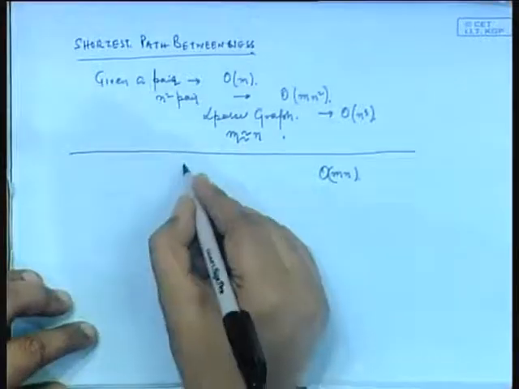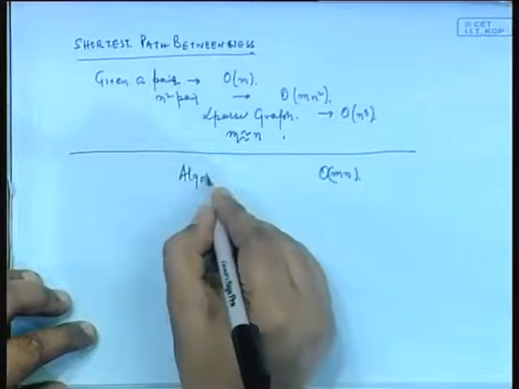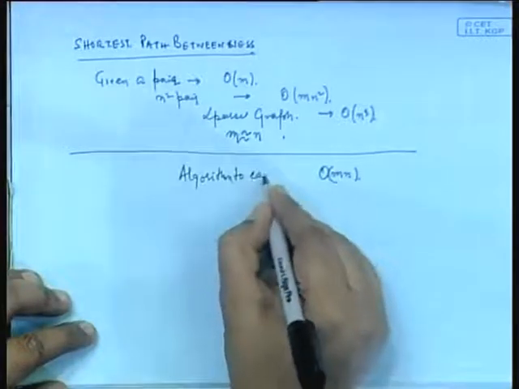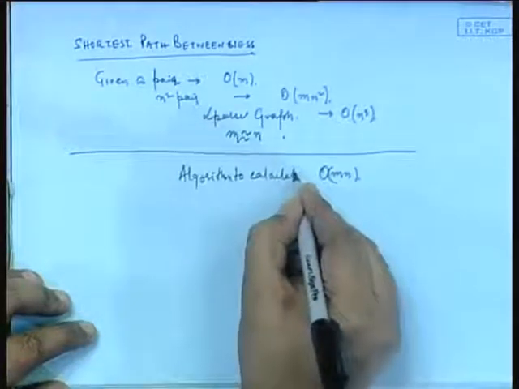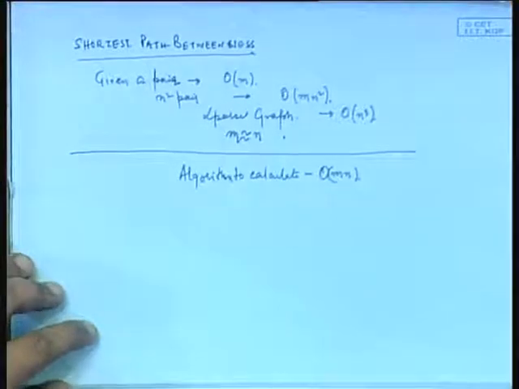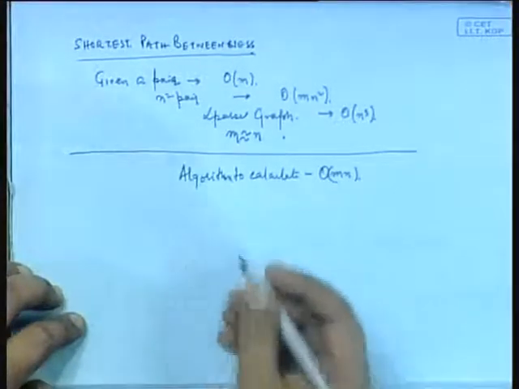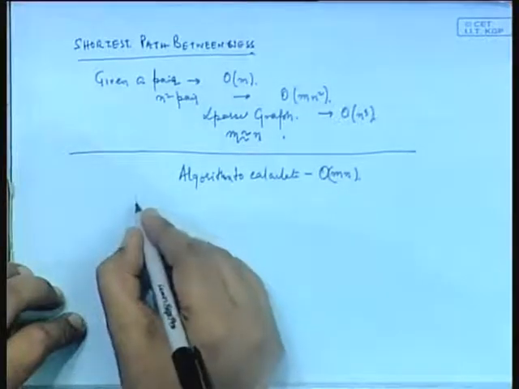Okay. So algorithm to calculate this in order m n. What happens is the simple point. You build up a BFS.